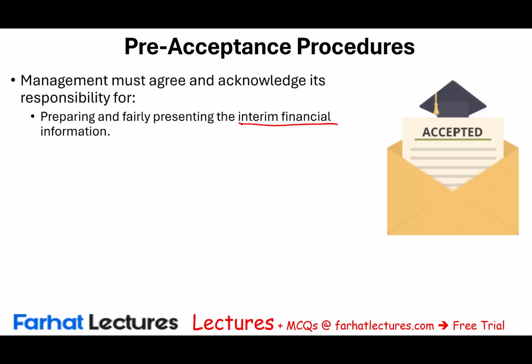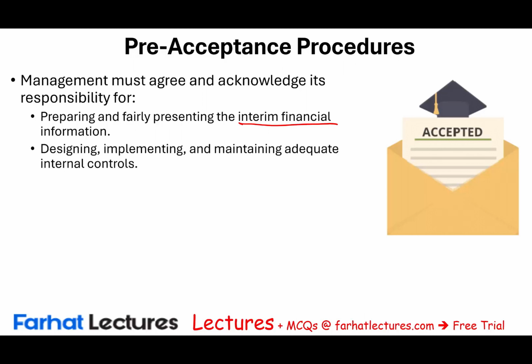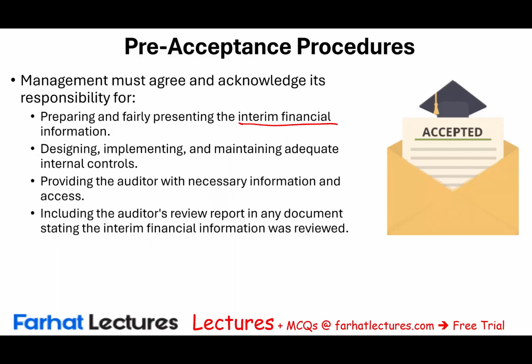Second, management is responsible for the design, implementation, and maintenance of the internal control. Management will provide the auditor all the information that's necessary: access to people, because we're going to need to talk to people, and access to documents that we need to review in order to be comfortable with all of this. So this is basically making sure the management is aware of this.